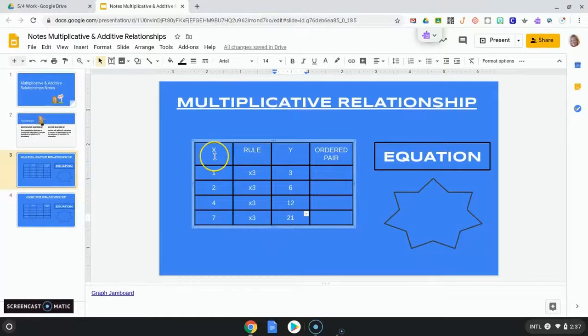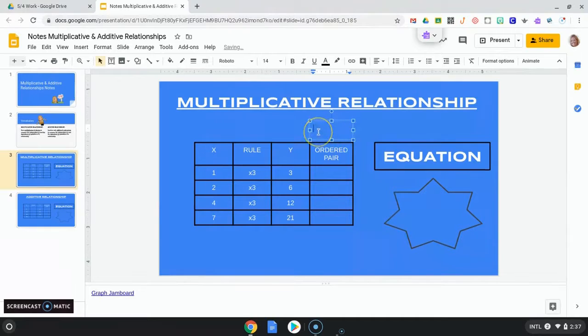Okay, now X and Y. That should look familiar because we've already done that when we talked about coordinate planes. Remember your coordinate plane: your ordered pair, inside the parentheses, was X, comma, Y. Those were your ordered pairs. You had your X value and you had your Y value.